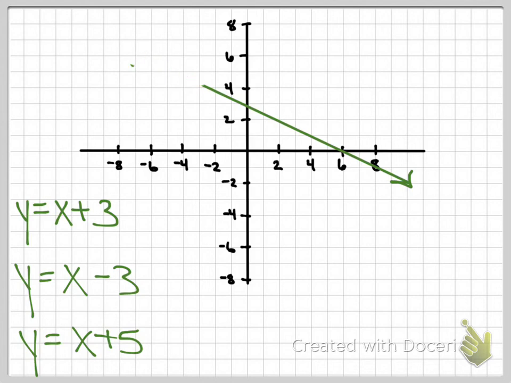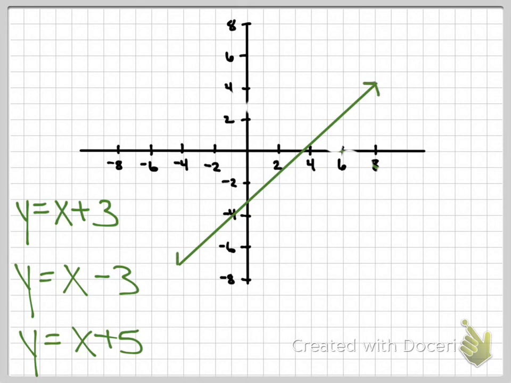So let me ask you this. Knowing that, let's erase this line. What if I had this line right here? Which function would it match with? Which one of these choices would it match with, the first, second, or third?